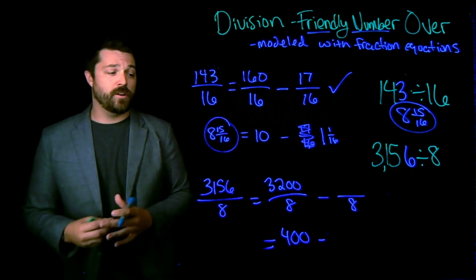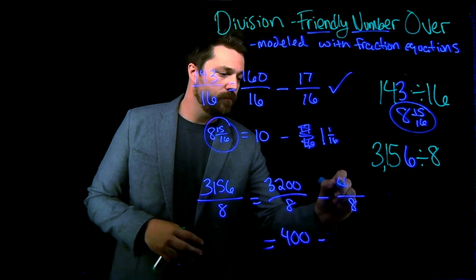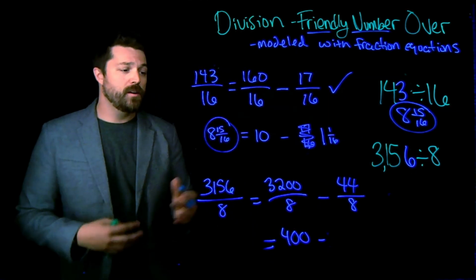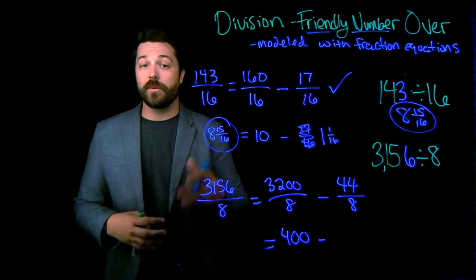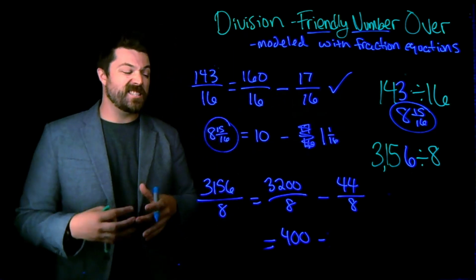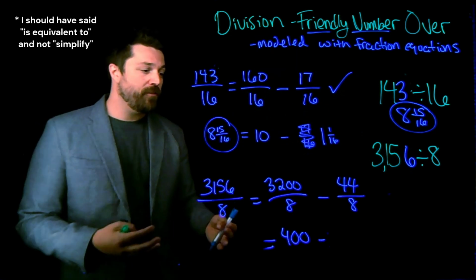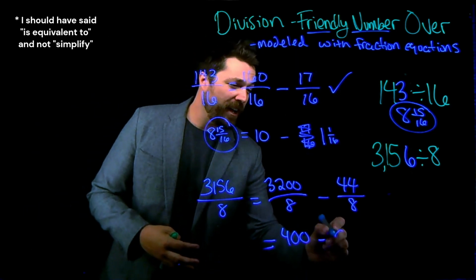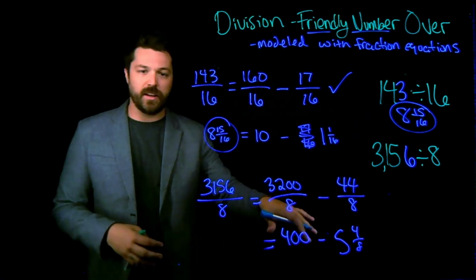So 3,156, I know that this is going to be now 44, because I need to subtract 44 from 3,200 in order to get 3,156.